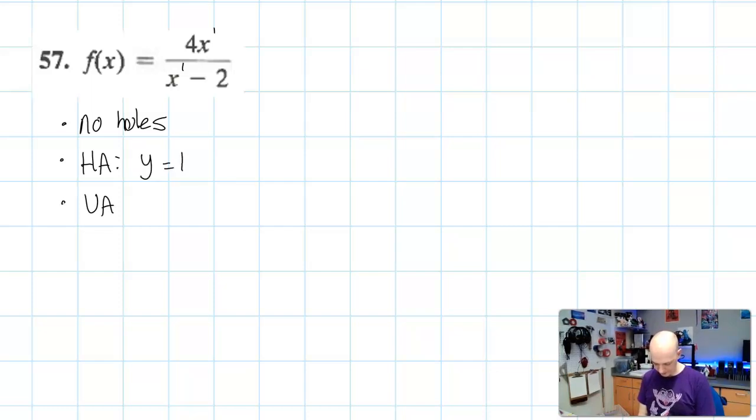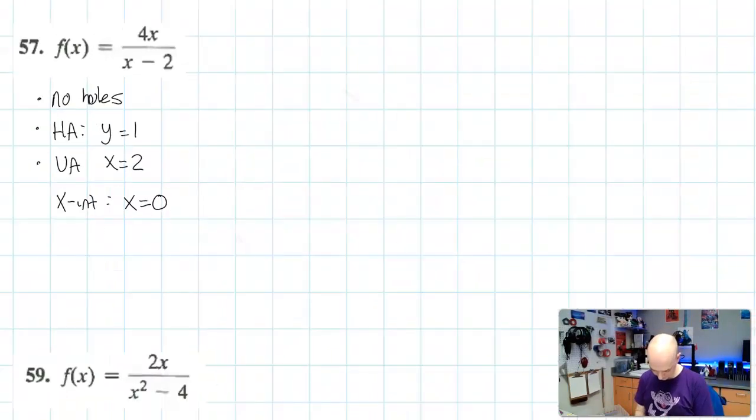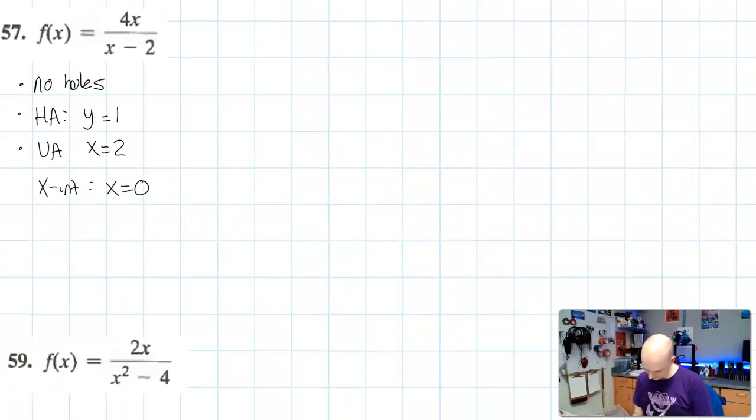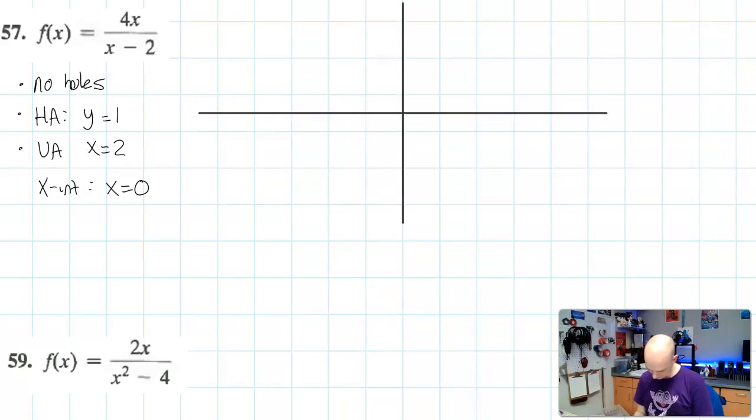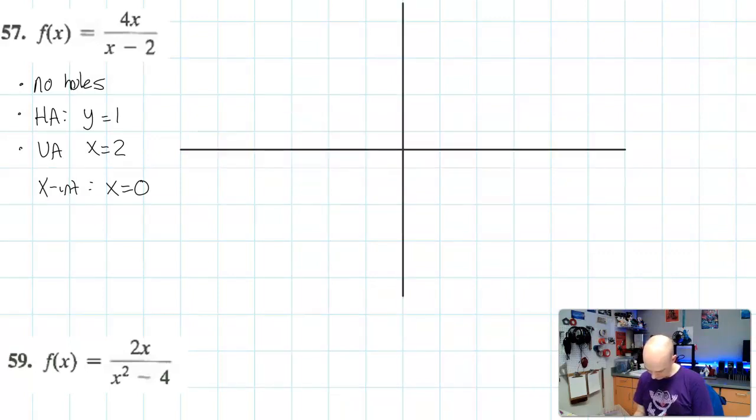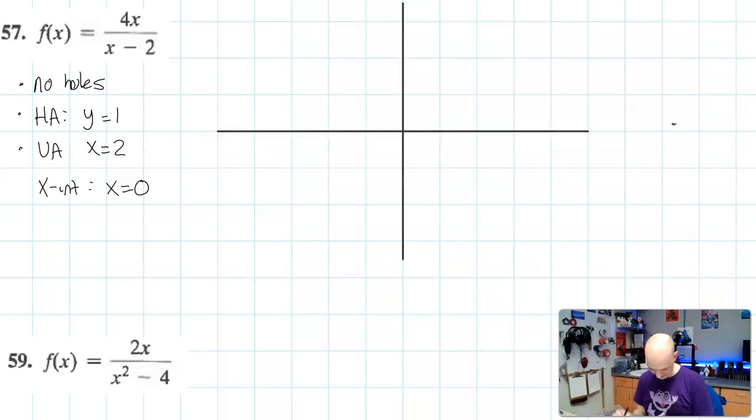The vertical asymptote is going to be at x equals 2, and the x-intercept is going to be at x equals 0, because that's what would make the top 0. Go ahead and plot all that out. Can't decide how big to make it.